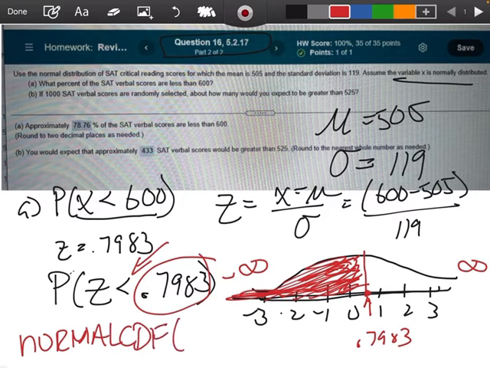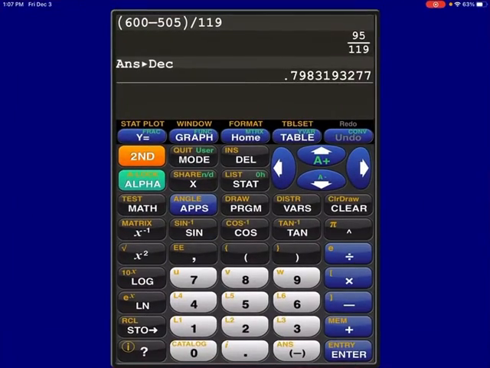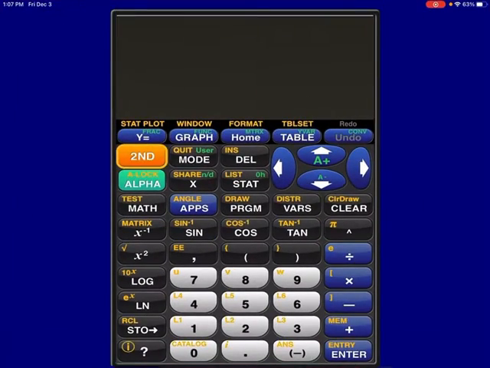So the way we're going to do this part on our calculator, y'all, we're going to go with a normal CDF, okay? And since we're going all the way to negative infinity, remember, we would use our lower number to be negative 9999, and then our upper number, we're stopping at 0.7983. So let me do this step on my calculator.